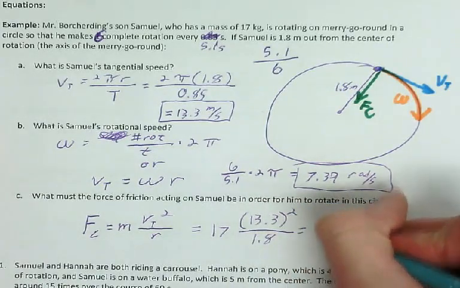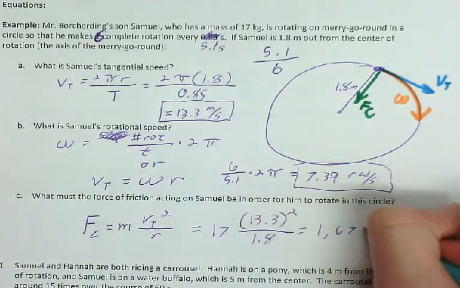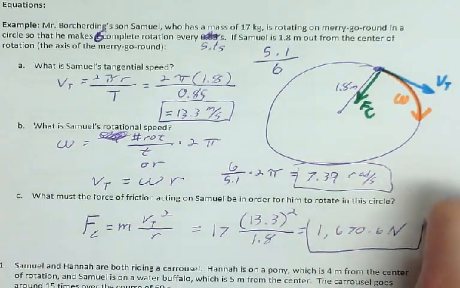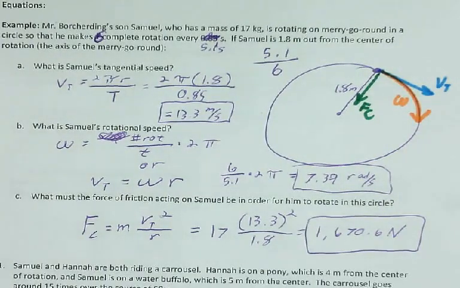And that's going to give you 1,670.6. And I know that seems really large, but you're going to need a large force to hold you on the merry-go-round if you're not holding on. You're going to need a large force to act on you.